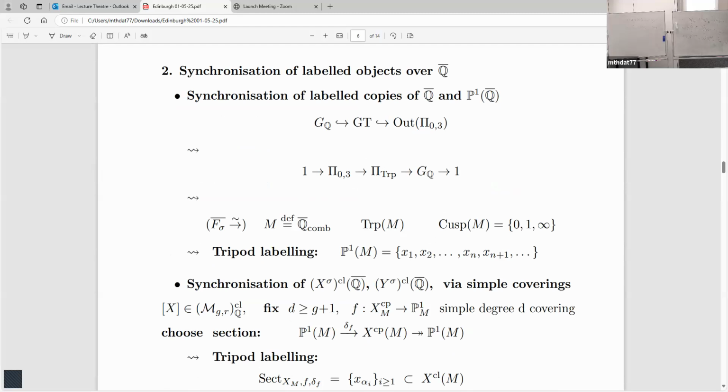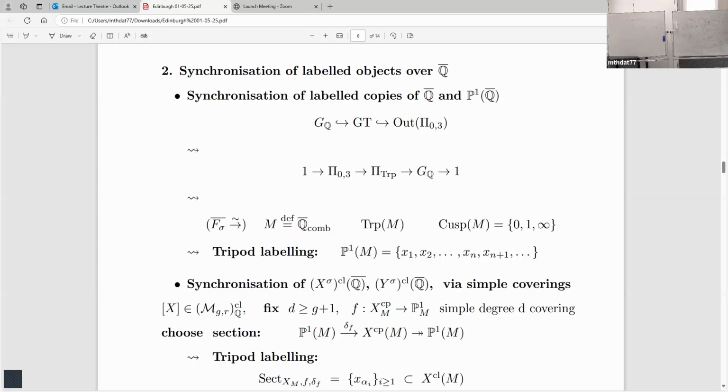So one does this using the map from GQ to GT, right? And so GT acts on pi 0.3. And so if you pull back, again, pi 0.3 is center free. So if you pull back the composite of these sequences by the sequence which is analogous to there, where you take Q to be pi 0.3, you get a group extension of GQ by pi 0.3, which is isomorphic to the arithmetic fundamental group of P1 minus 3 points.